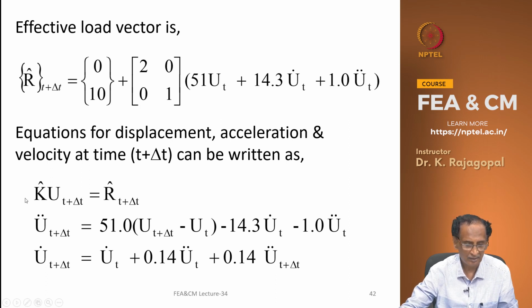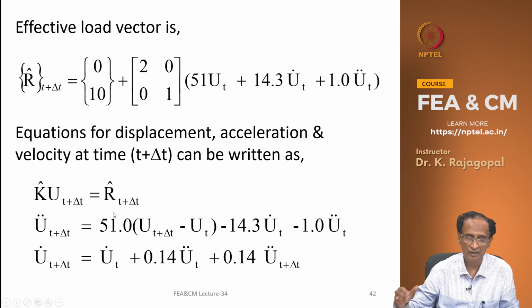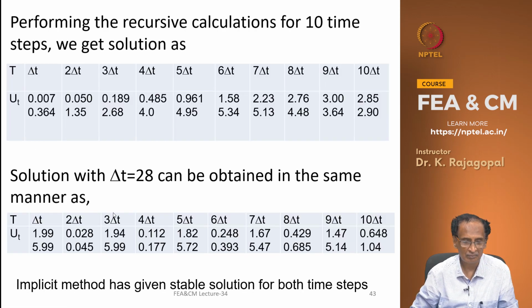The displacement at any time t plus delta t is k hat multiplied by u at t plus delta t equals r hat at t plus delta t, and then we can continue the solution.